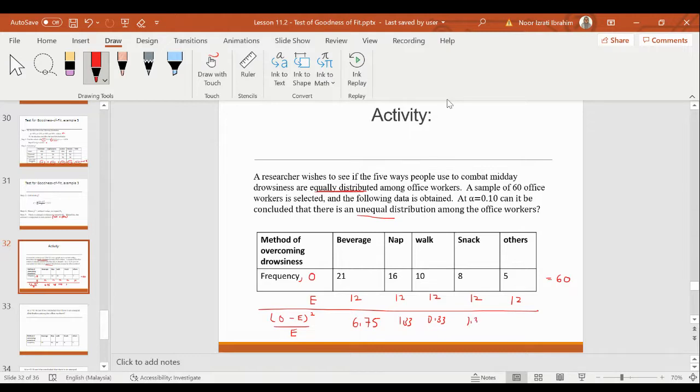This is 1.33. This is 4.08. When you total them up, you will get 13.82. So this is the test statistic value, 13.82.